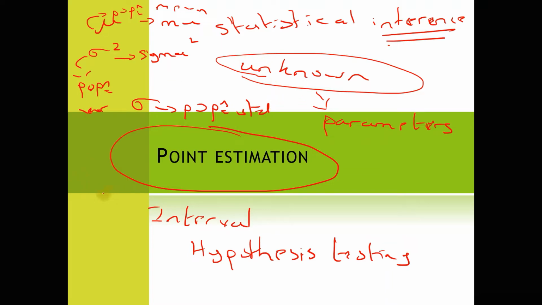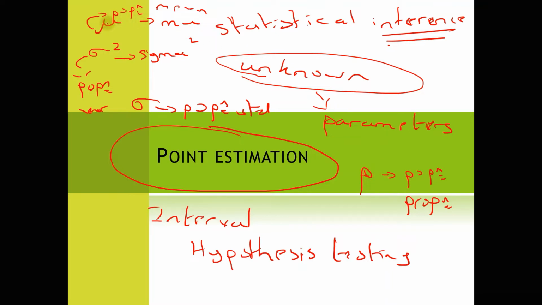And then there is another parameter that is used to describe the population proportion, which is P, but it depends on different books. Some books use the term pi. There are different notations that are used, but in this course, we are going to use the notation P to describe the population proportion.